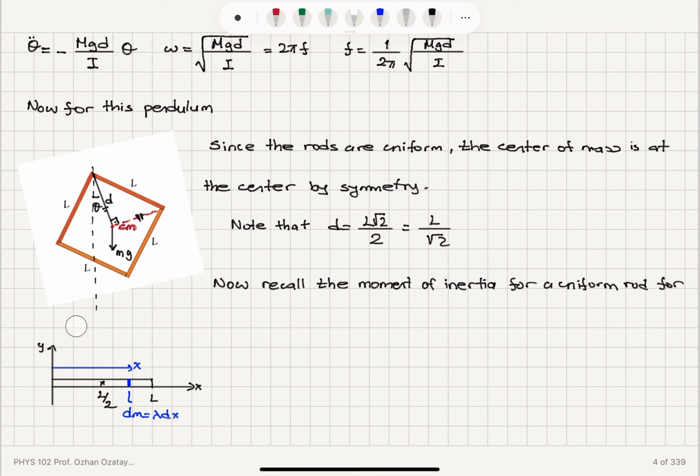So this is for center of mass axis rotations.